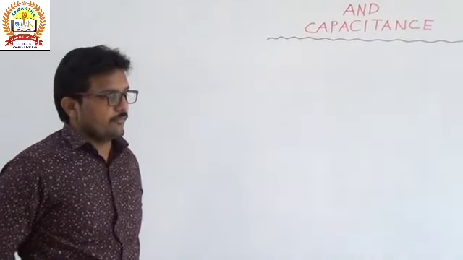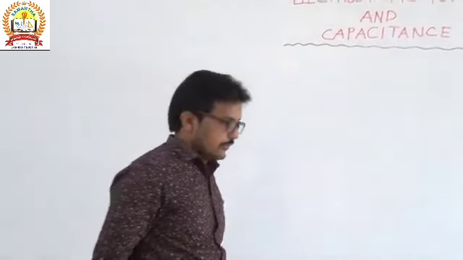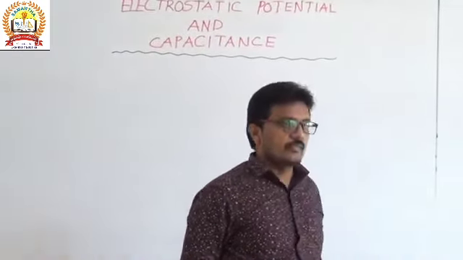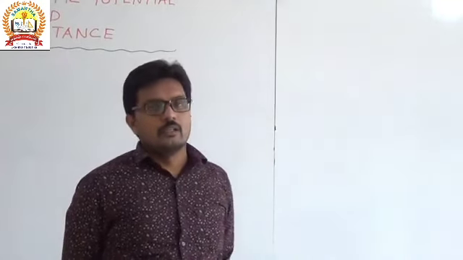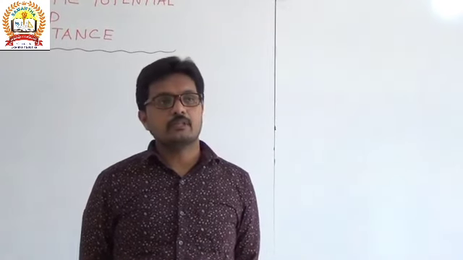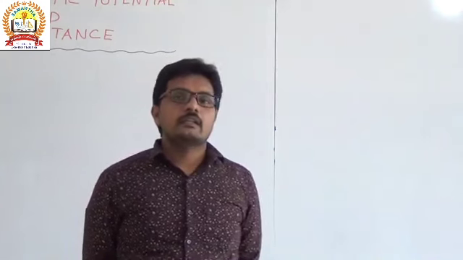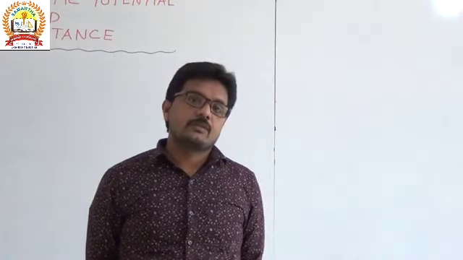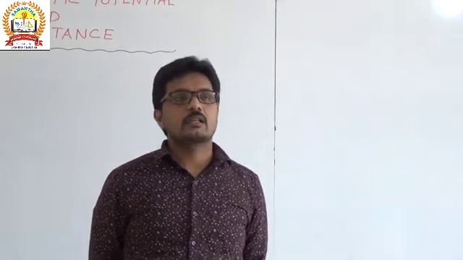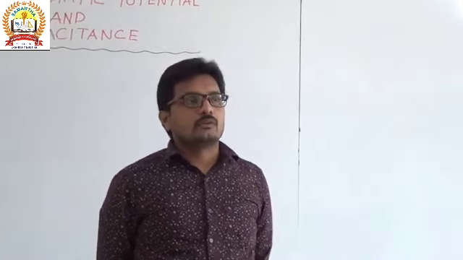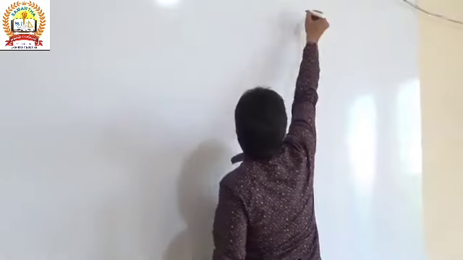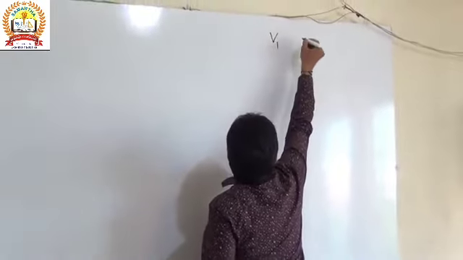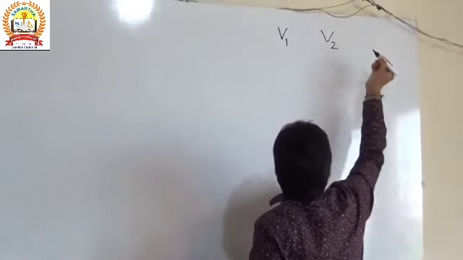When I discuss the potential energy of a system of charges in the presence of an external electric field, the notation is very important. When taking the potential energy of a system of two charges in the presence of an external electric field, we use the notation V1 and V2 and Q1, Q2.